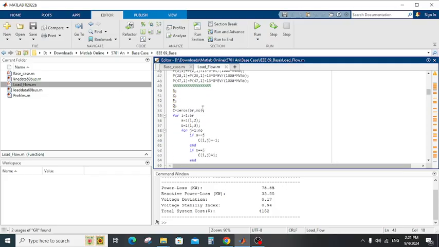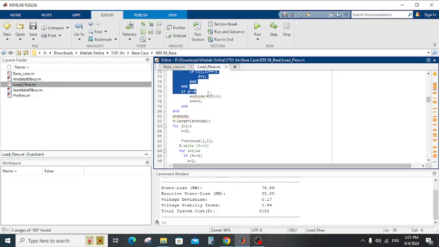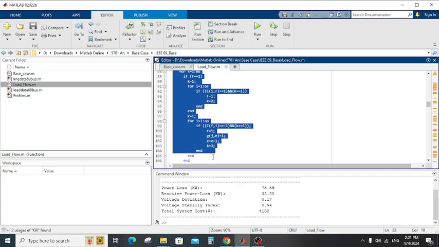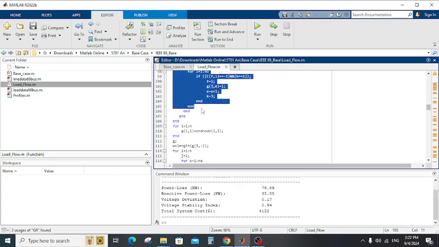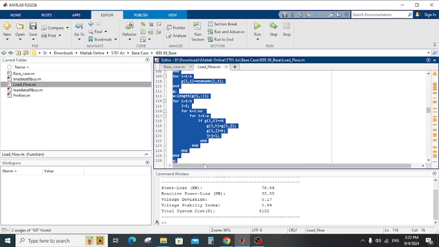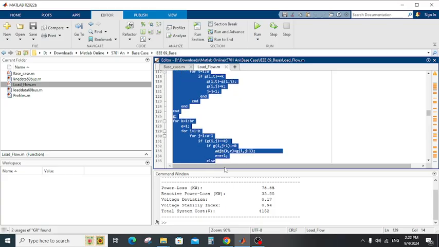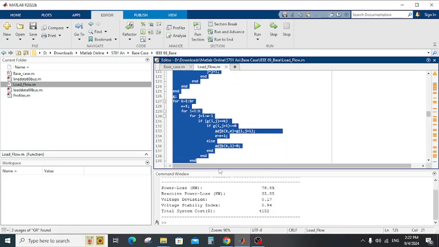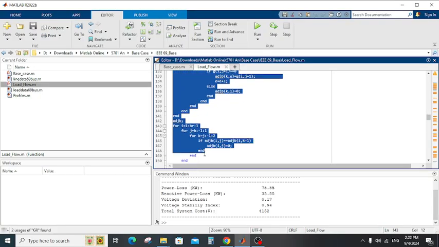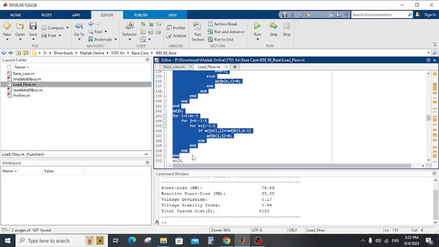After that we start the load flow, as you see here. The first thing is to arrange the buses as a radial network, and also define the path of each bus from the source to the load, and determine how many paths there are and how the buses are connected with each other.